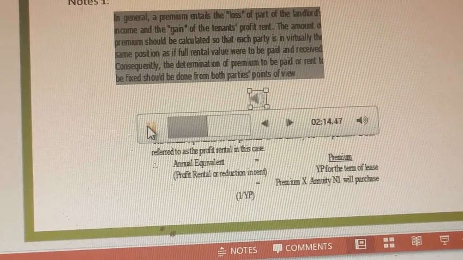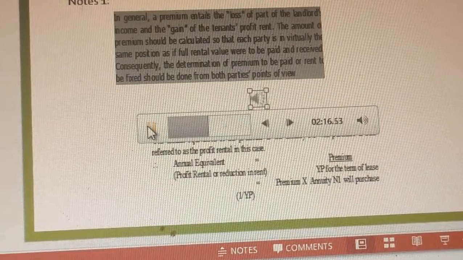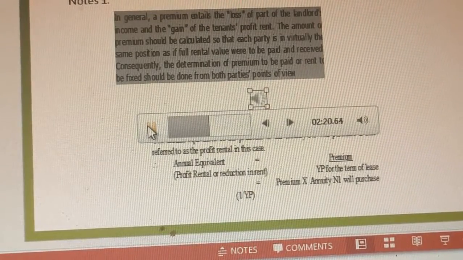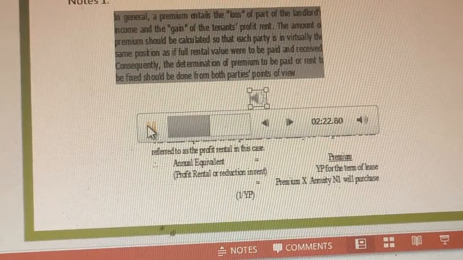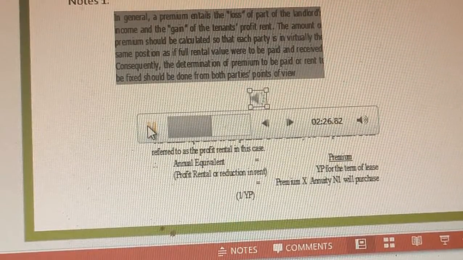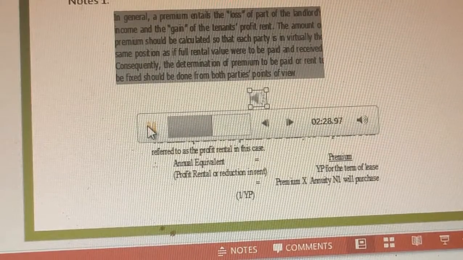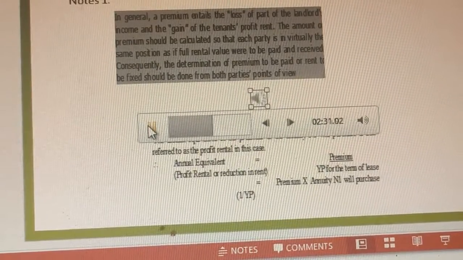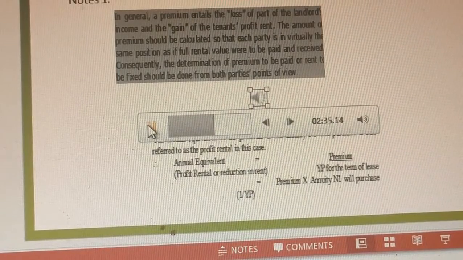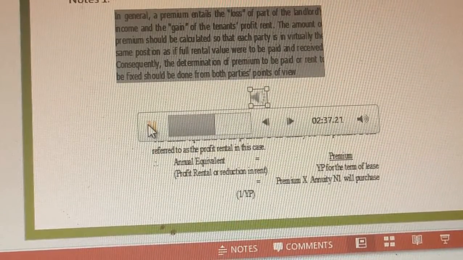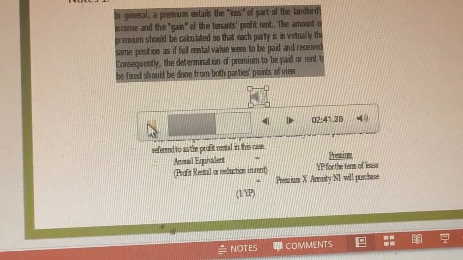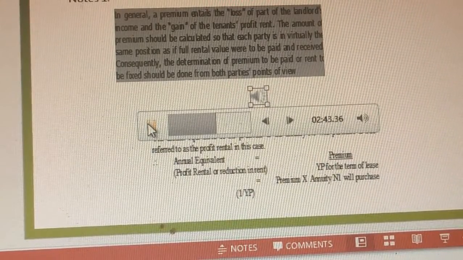Consequently, the determination of premium to be paid or rent to be fixed should be done from both parties' point of view. That is the first thing we should note. We should get into our heads that no party is operating at a loss, and generally the calculation should be done from both parties' point of view, except the question states specifically otherwise.